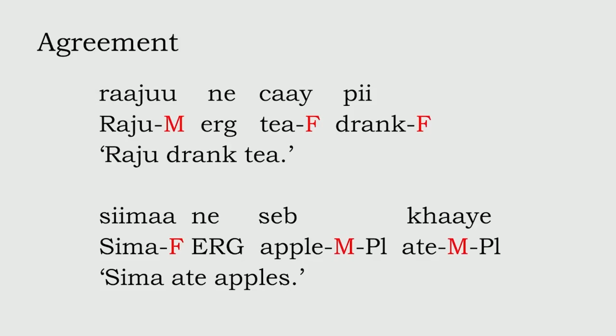Seb is apple, which gets masculine gender in Hindi, and ate is khaye. Now, there is a marker of plurality on this verb. Therefore, we understand that the word seb is plural.